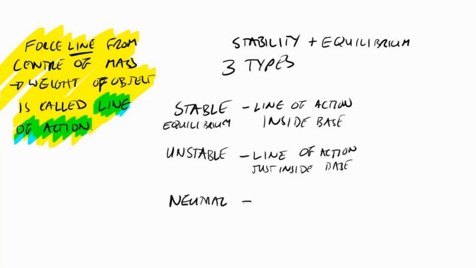Unstable line of actions just inside the base, so I'll draw a picture of that to try and make it a bit clearer in a second, and that's unstable equilibrium. And neutral equilibrium, slightly different setup. Let's show you. So stable equilibrium, we have a square. The square has a centre of mass, the line of action is very clearly in the base.